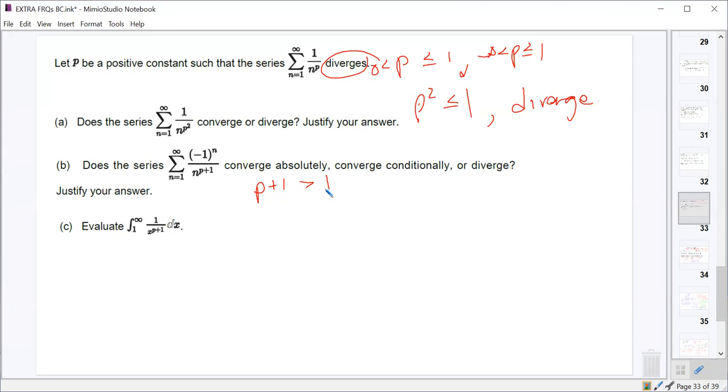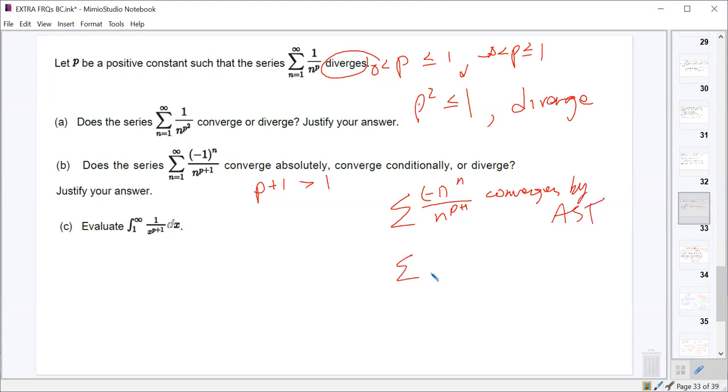So really what we're looking at is an alternating series with a power greater than 1 in the denominator. We would note that the series of negative 1 to the n over n to the p plus 1 converges by the alternating series test.